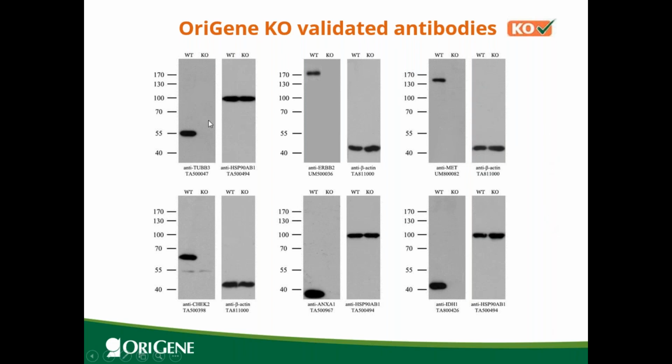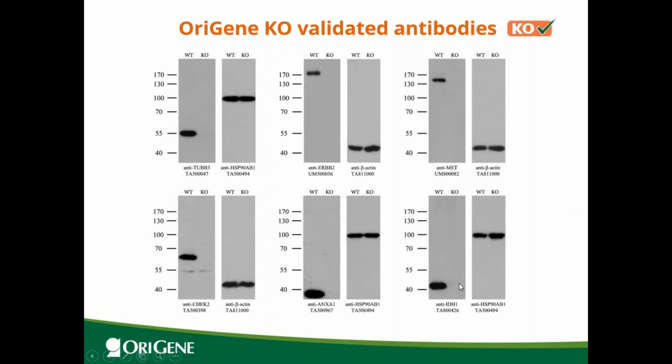And you can see all of these antibodies can pick up a single band in the wild-type samples and have no signal in the knockout lysate. We also use different loading control antibodies to prove the equal loading of these two lysates on the gel. These loading controls are picked so that they run at a different molecular weight from the target protein.